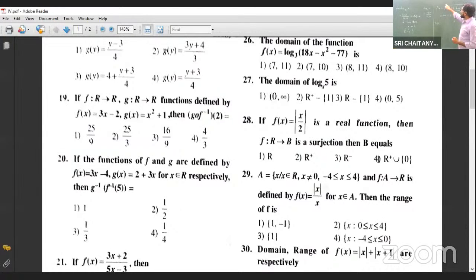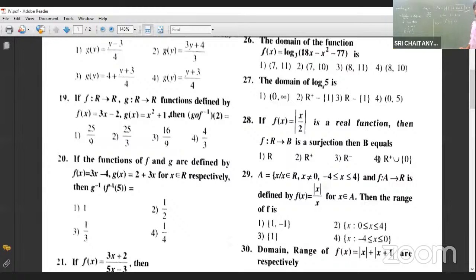So whatever you substitute, you get only positive real numbers, because here you have modulus. Whatever the domain value, negative or positive, you get only positive real numbers, or union 0.